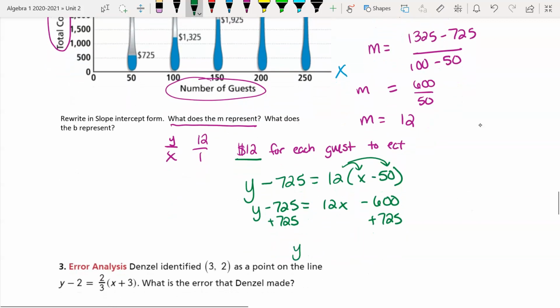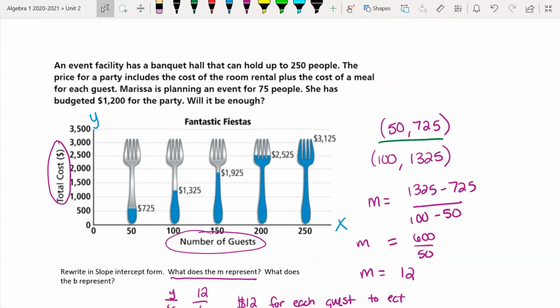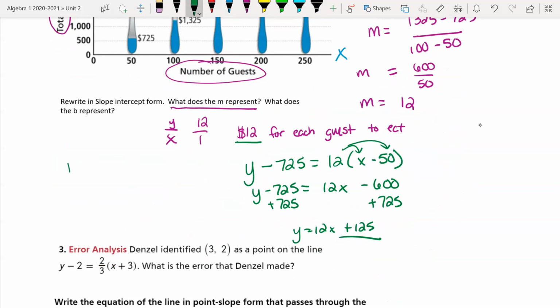I get y equals 12x plus 125. This is my y-intercept. Remember, we had two options. It's either the price per meal for each guest or the cost of the room rental. So the 125, my b, is going to be the cost of the room rental.